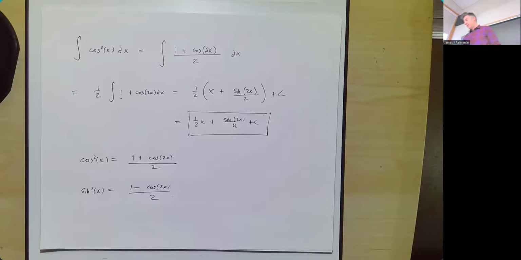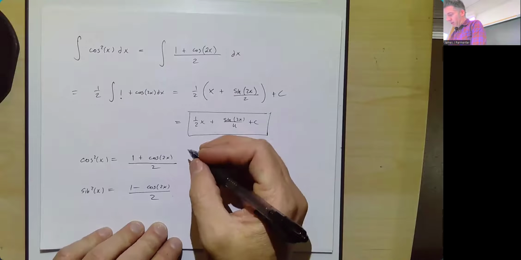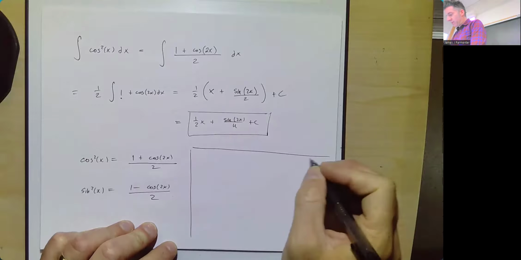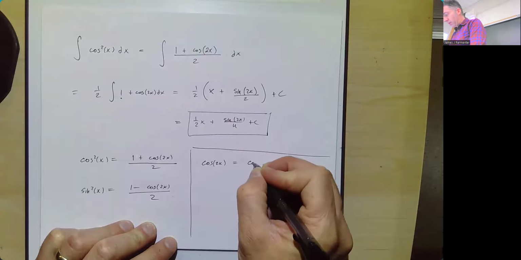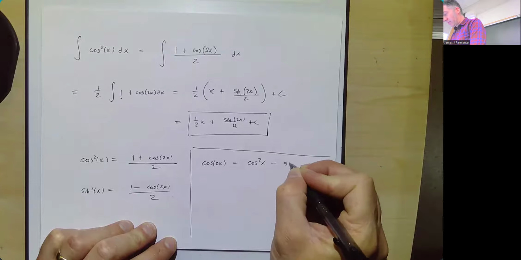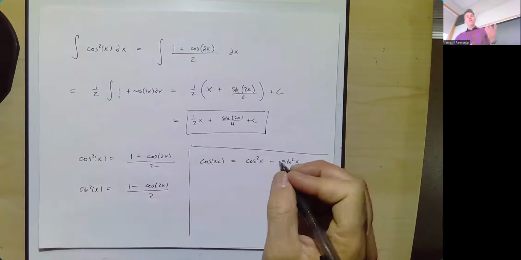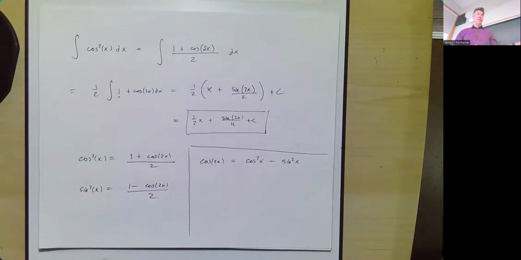I don't think you probably need to know this, but I'm going to tell you. So this comes from the fact that cosine of 2x is equal to cosine squared x minus sine squared x. I know it's probably been a while since you've seen this trig identity.